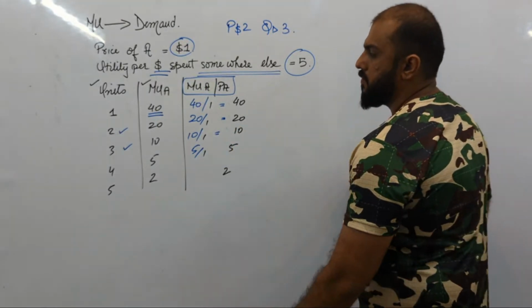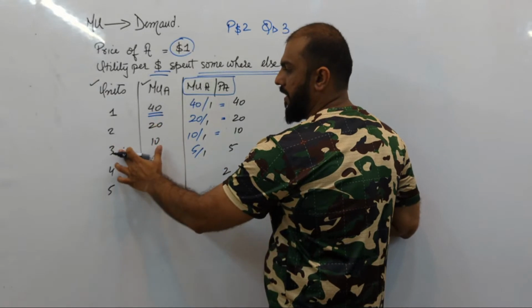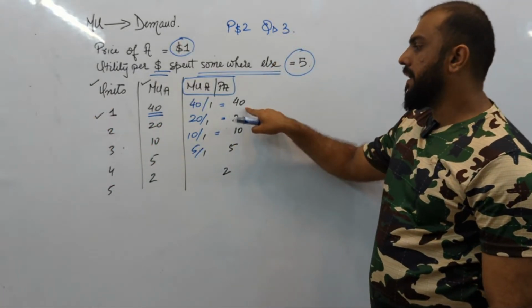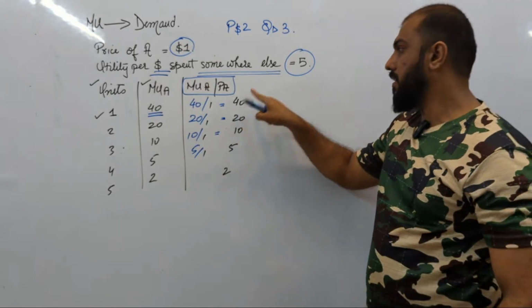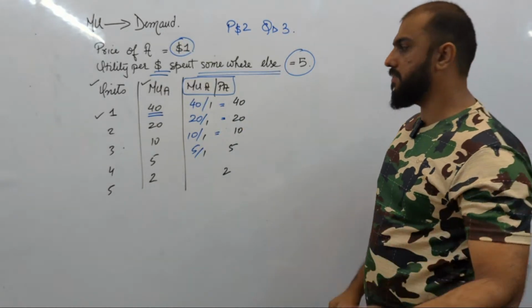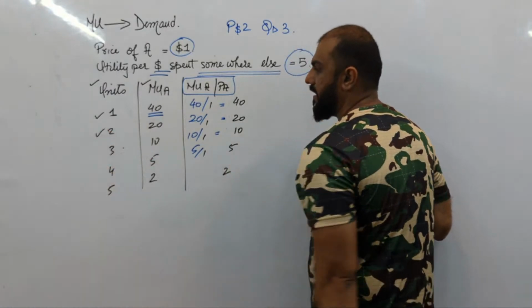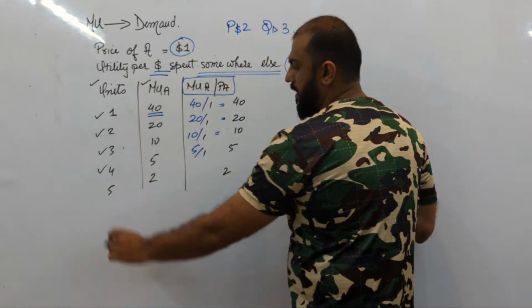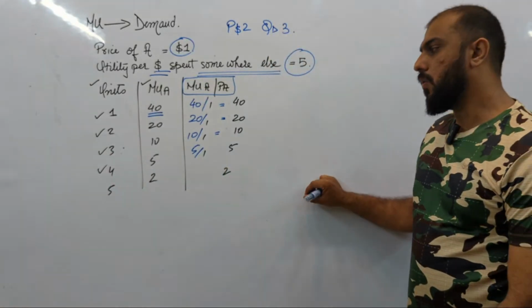Now, my question is, would I be consuming the first unit of A? The answer is yes, I would be. Reason is because I'm getting a greater satisfaction per dollar compared to if I were to spend it somewhere else. Would I spend it on the second unit? Yes, I would. On the third unit? Yes, I would. On the fourth unit? Yes, I would.